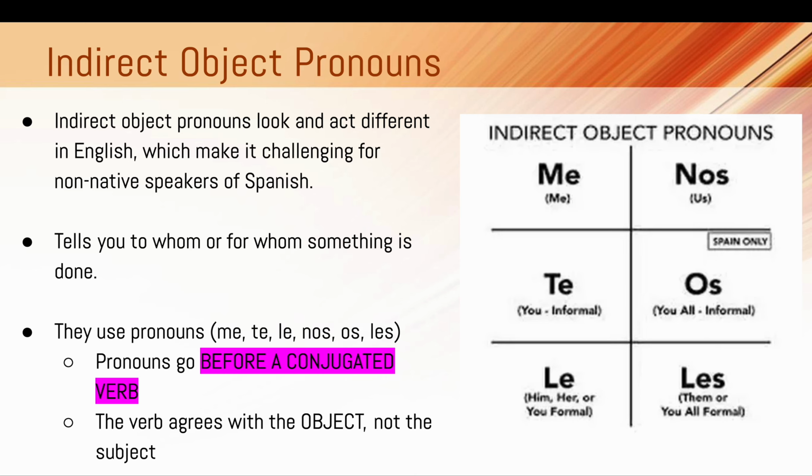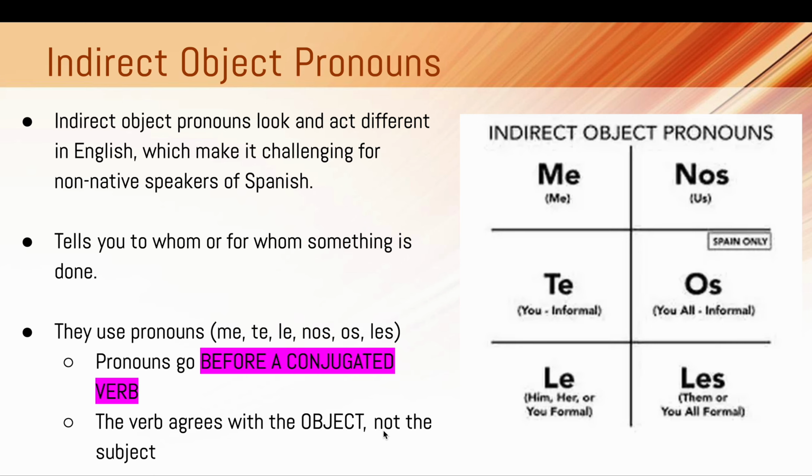Now, it's not all verbs that you would be doing this for. So we're going to have specific verbs we're going to be using to do this with. And then I'll get back to that in a second. And then the verb agrees with the object, not the subject.